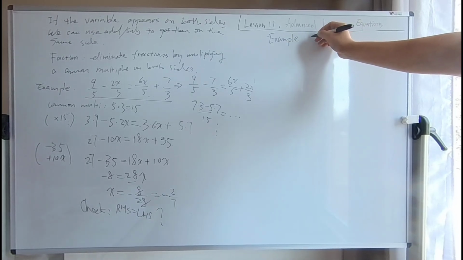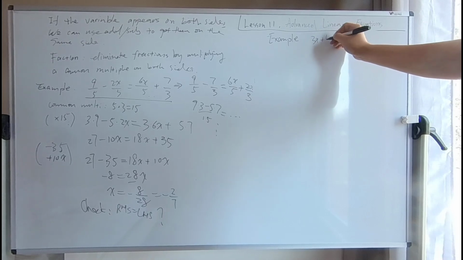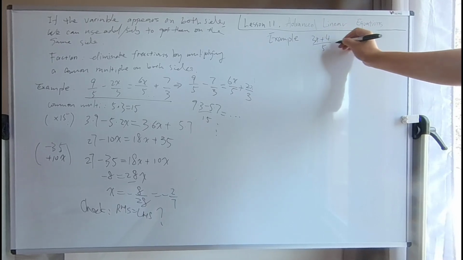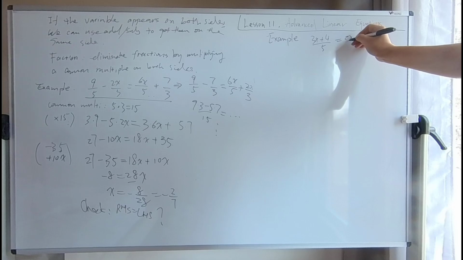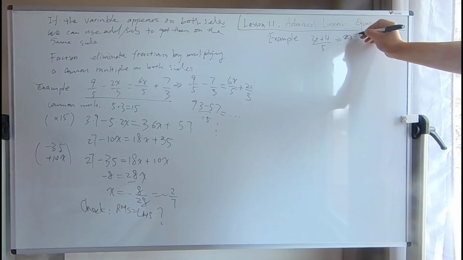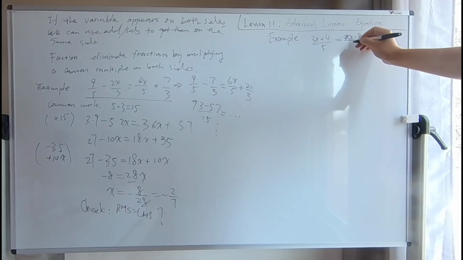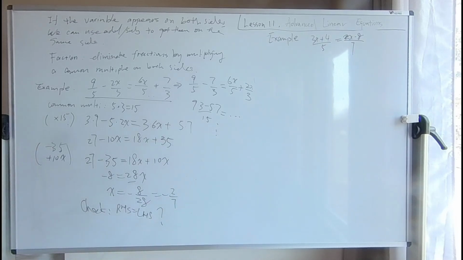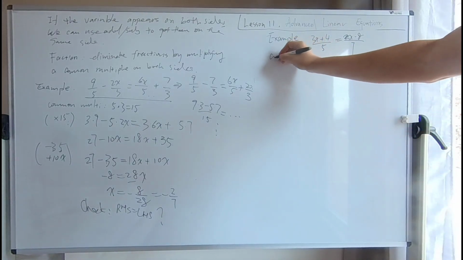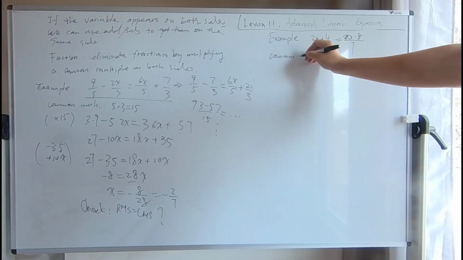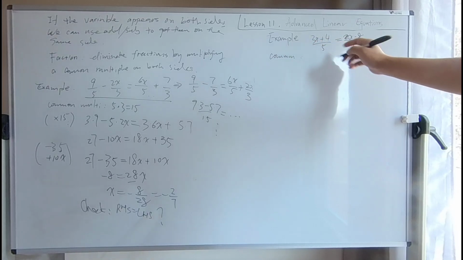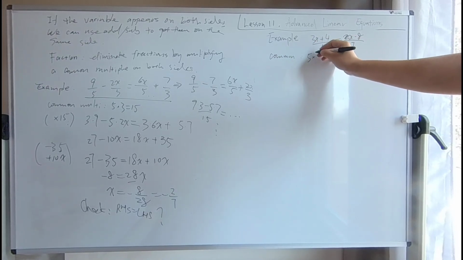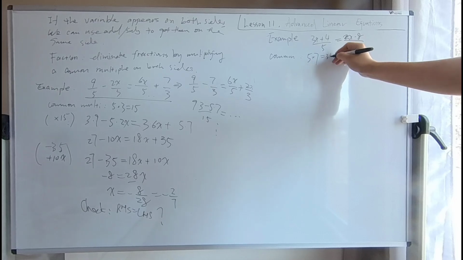This time I have 3x plus 4 over 5 is 2x minus 8 over 7. Similarly, what I can do is find the common multiple, which apparently can be 5 times 7, which is 35.